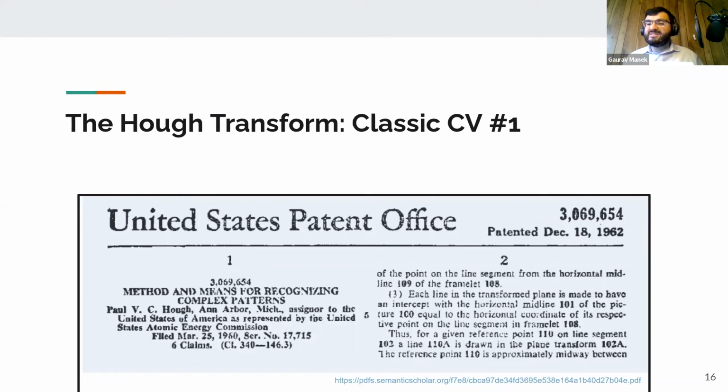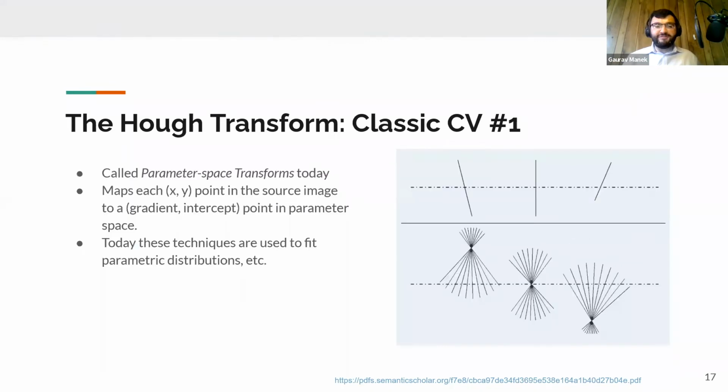Paul Hough in 1962 invented something called the Hough transform, in which he maps each XY point on a source image to a gradient intercept point in parameter space from a line, meaning each point on each line is translated onto a series of possible points corresponding to the line that could have generated that point. We call this type of technique a parameter space transform today, and it's mostly fallen by the wayside, limited only to some applications in fitting parametric distributions, and even then, not a very common way of doing that.